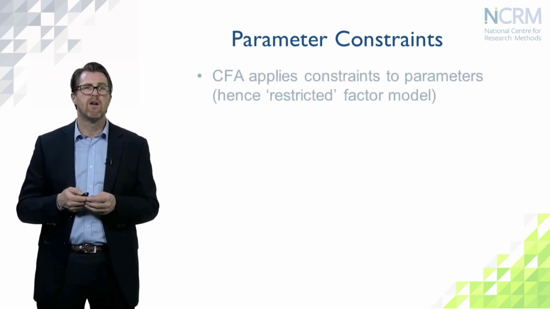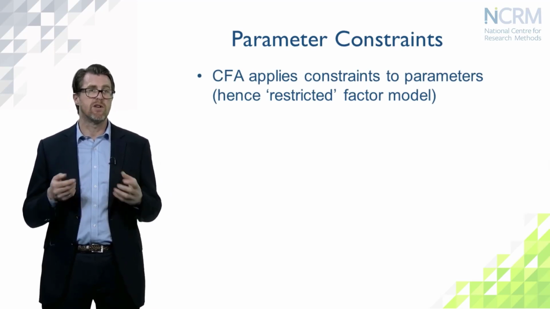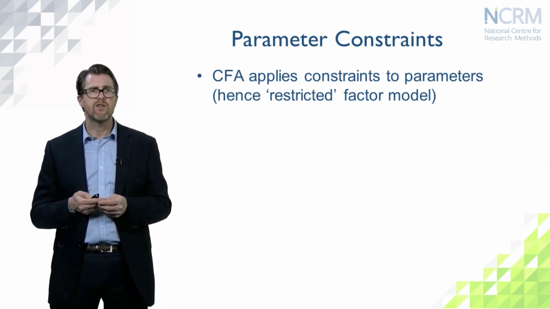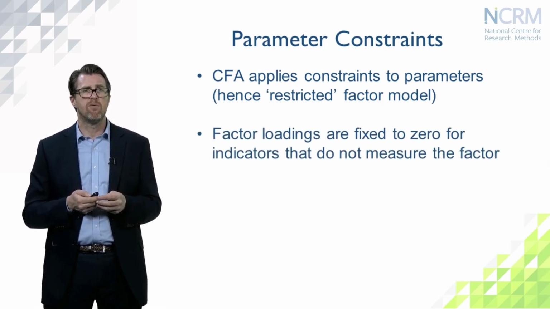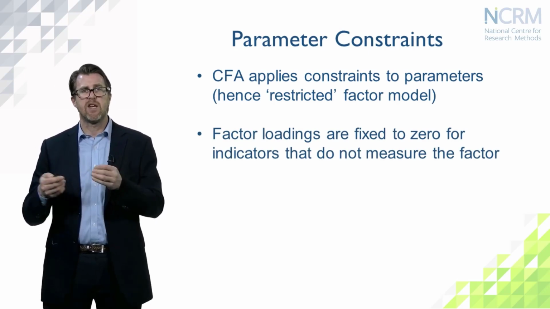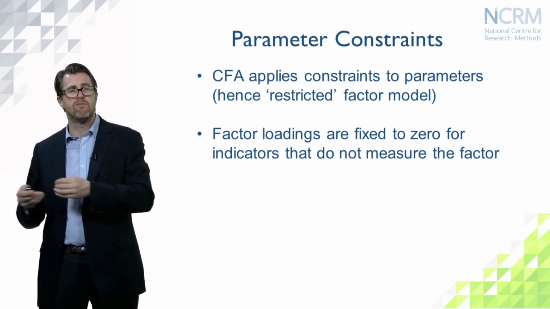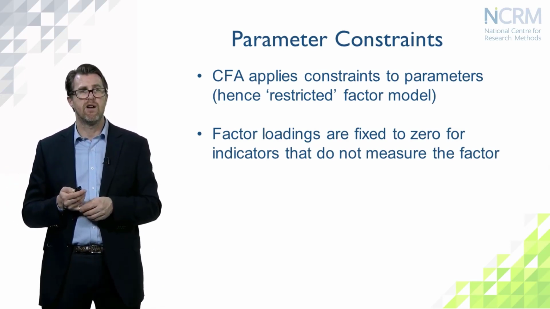But that's why we call the confirmatory model the restricted factor model, because we place restrictions on the loadings. So sometimes, as I just gave an example of, we would fix particular parameters to 0 for indicators that do not measure or do not influence a measured variable.